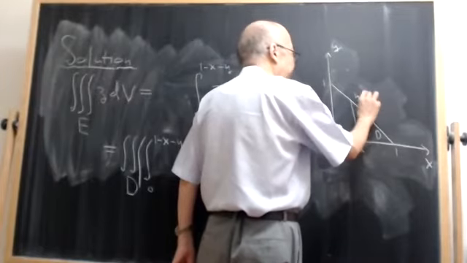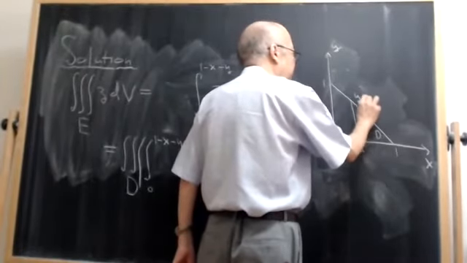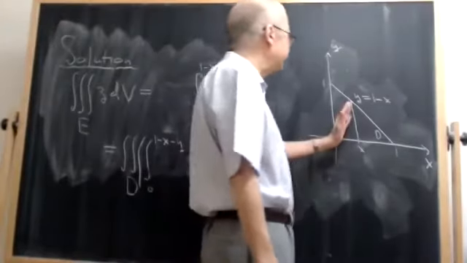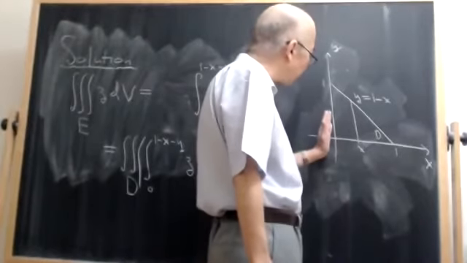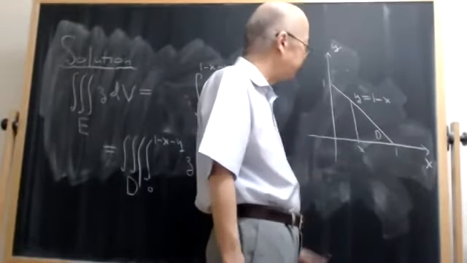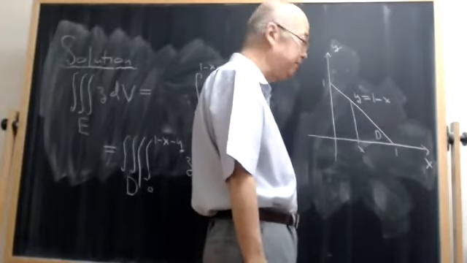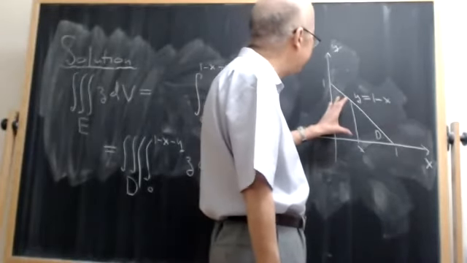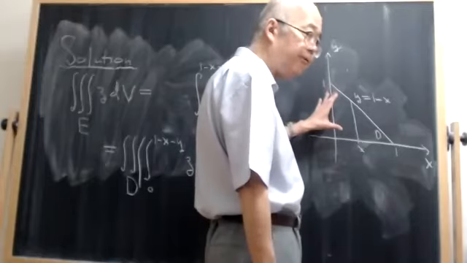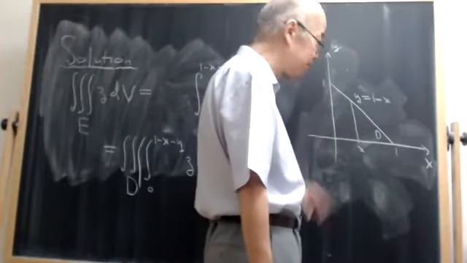What's y equal to here? 1 minus x. And then you move this line from the origin to 1. Of course, this line here is of varying length.